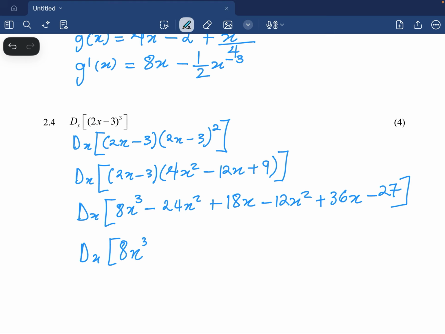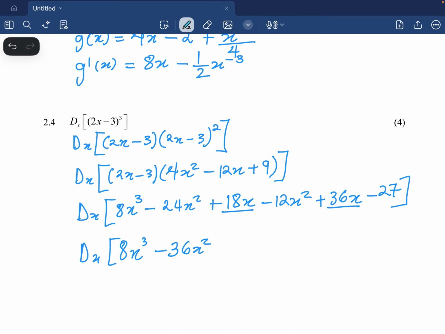12x squared. So what is it that I'm going to do here? I know that when I subtract 12 from minus 24, this is going to be a minus 36x squared. Right, so from here 18x plus 36x.